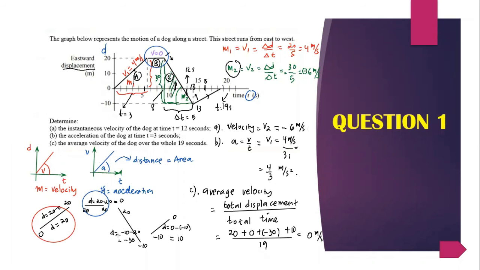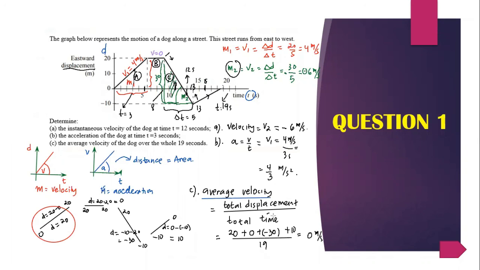The third graph is this. And the fourth graph is this. Is it clear to you? These are the displacements.